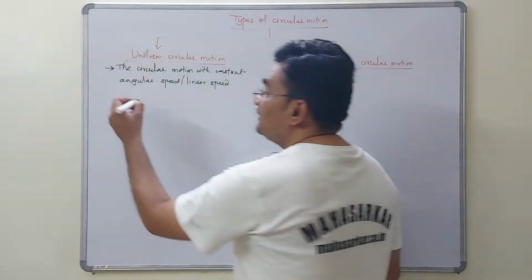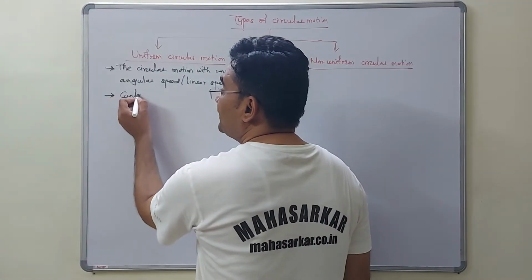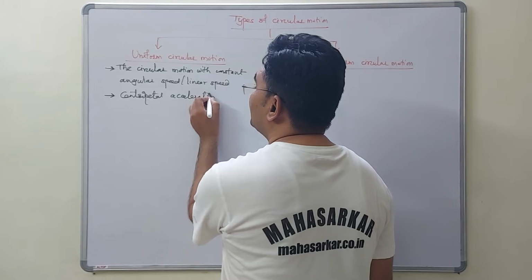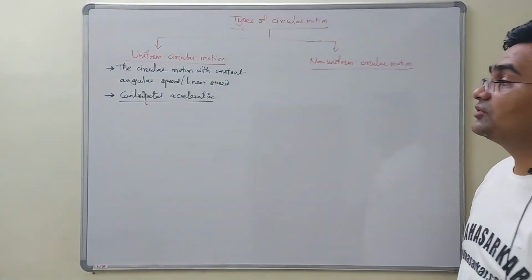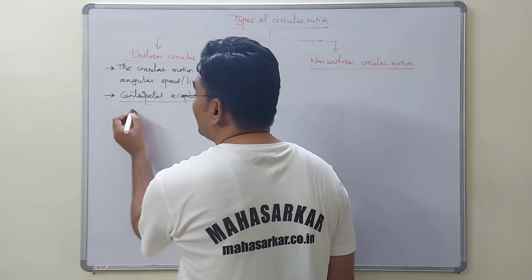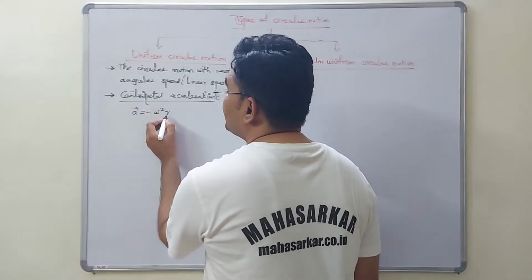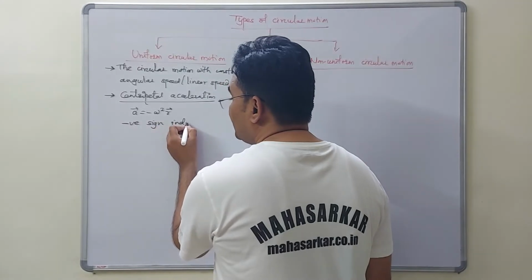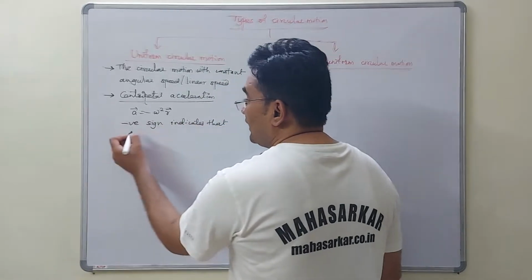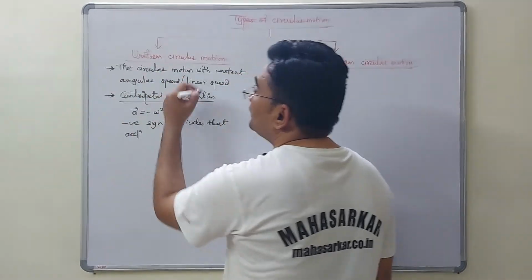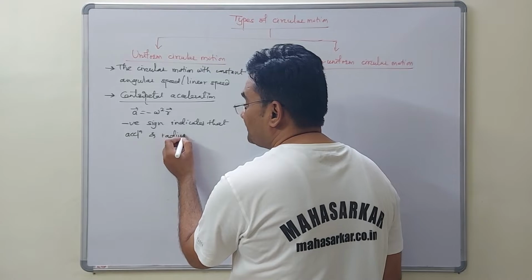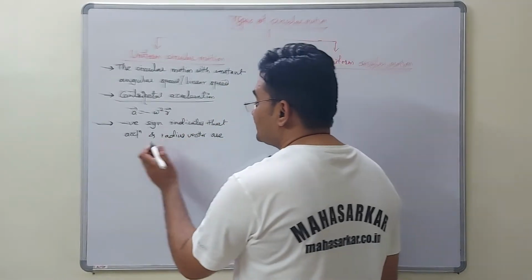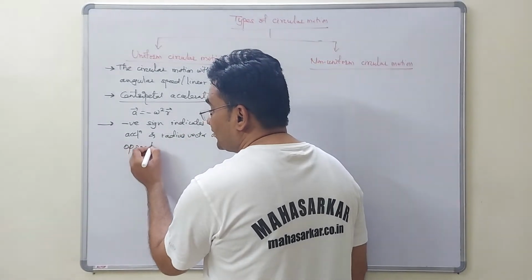Now, when we discuss uniform circular motion, centripetal acceleration is required to perform it, and this centripetal acceleration is given by the formula a = -ω²r. The negative sign indicates that the acceleration in a uniform circular motion and the radius vector are oppositely directed.